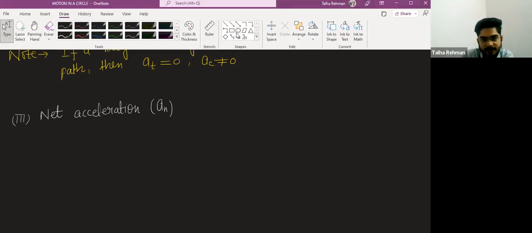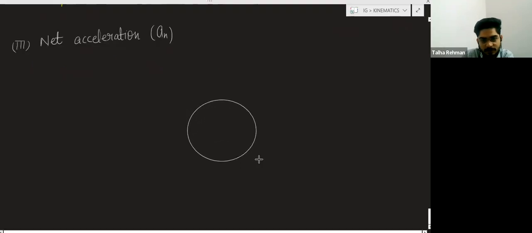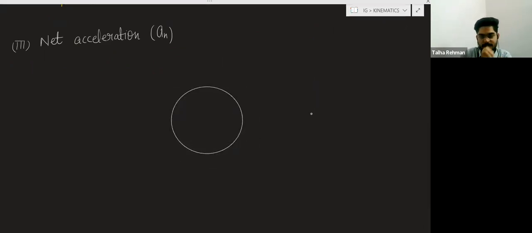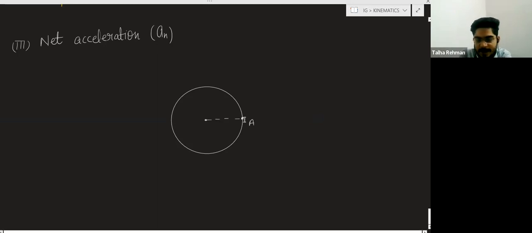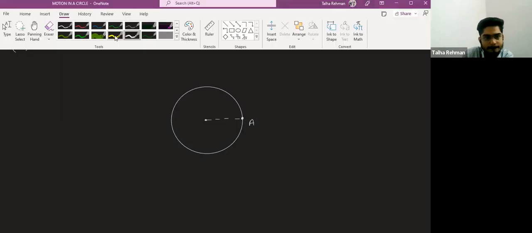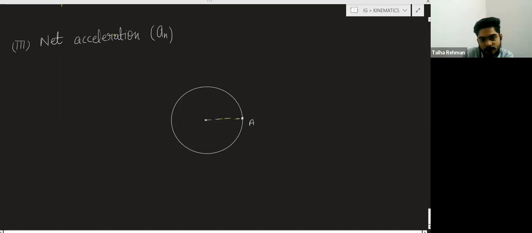Okay, so net acceleration means, this is a circle. Suppose here the position of the particle is at this point A. And at this point, suppose the tangential acceleration of the particle is this.